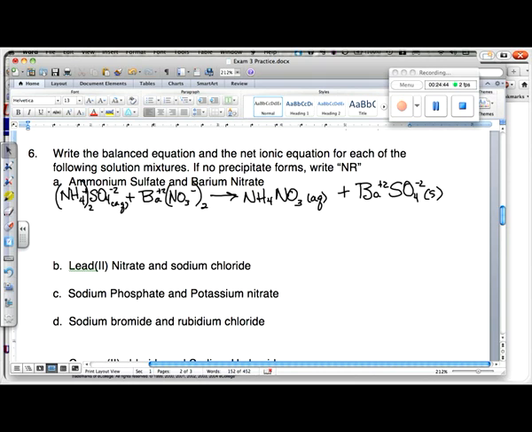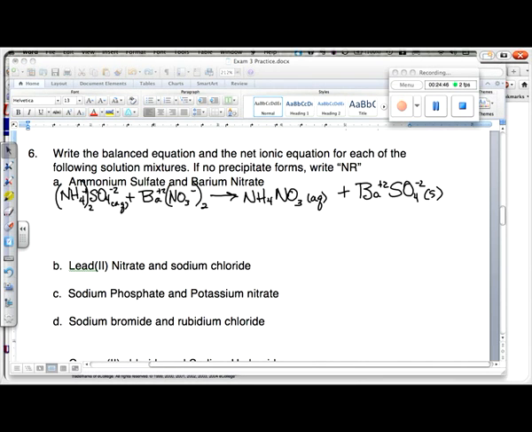Okay, so complete ionic equation. That 2 comes in front of the polyatomic ion. 2 ammoniums plus a sulfate plus a barium ion plus 2 nitrates. Oh, we didn't balance. Need a 2 here. And we're good.